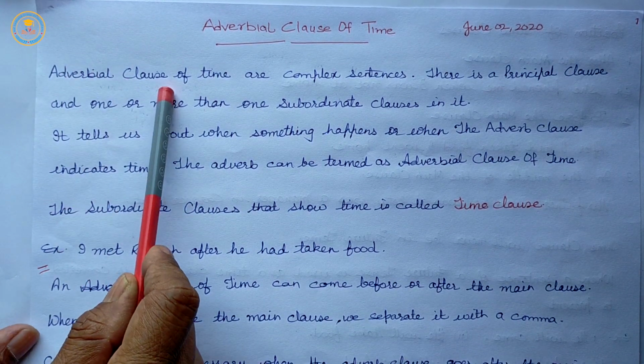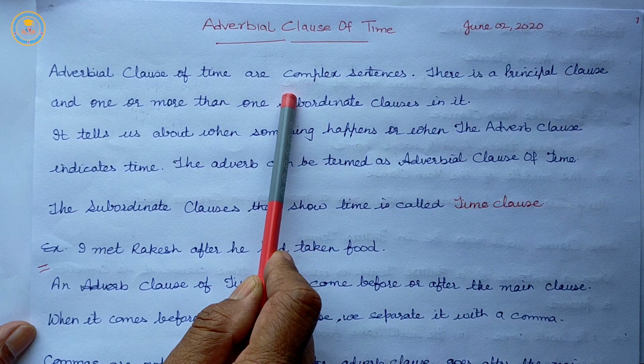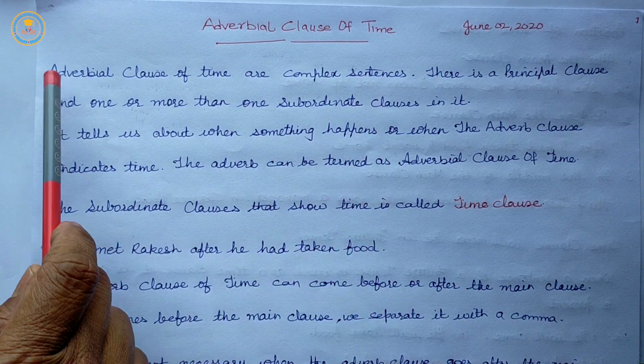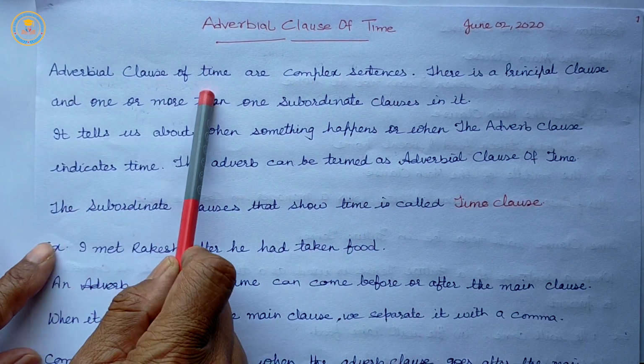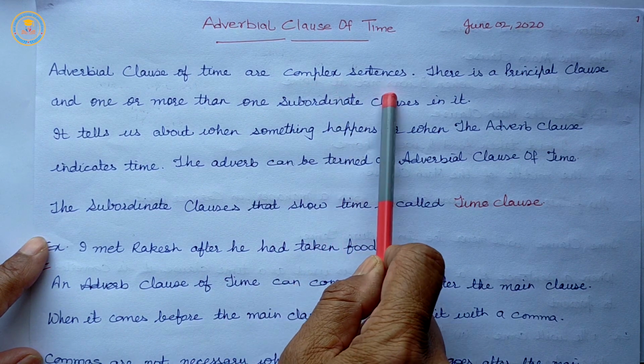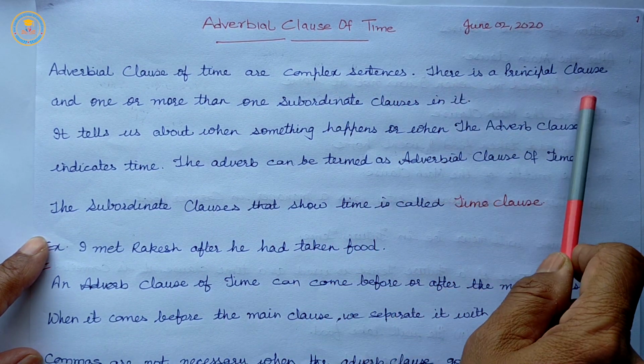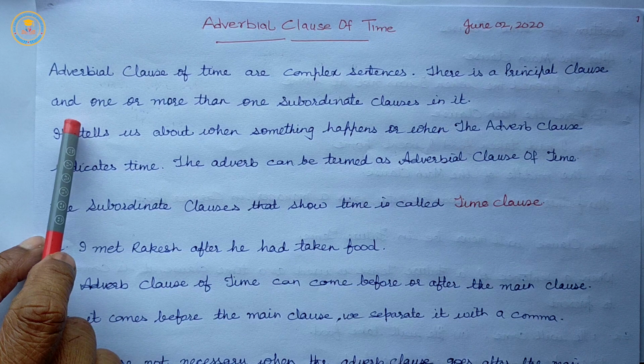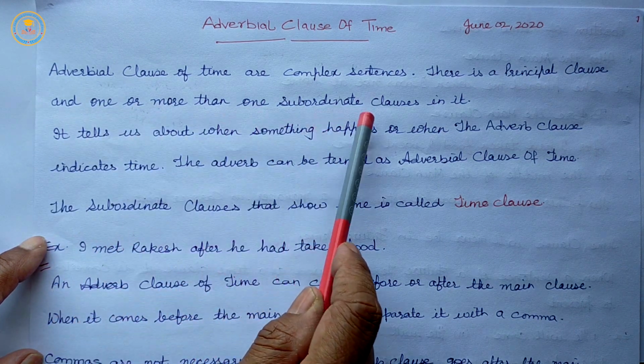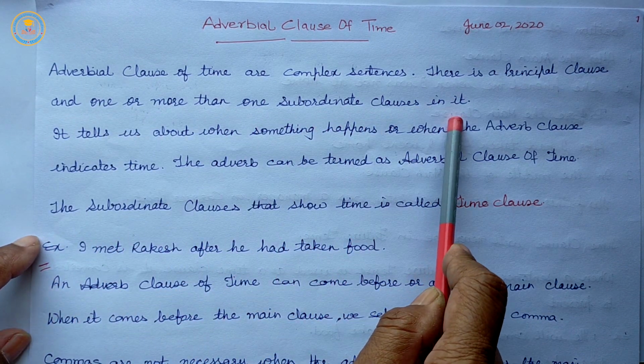Adverbial clauses of time are complex sentences. There is a principal clause and one or more than one subordinate clause in it.